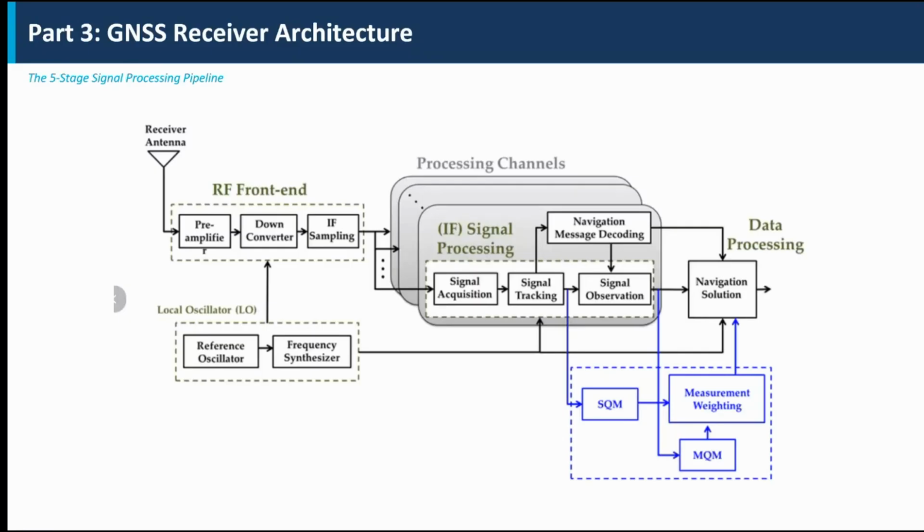Here we have the local oscillator, which gives the reference frequency. It's like a synthesizer. From there, it goes to the RF front end. In the next slide, we are going to explain each of these.